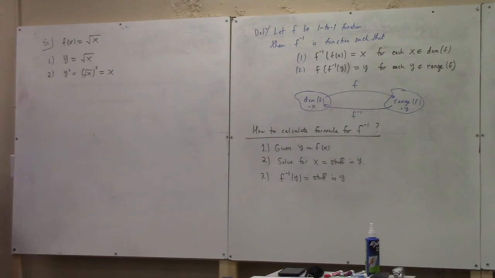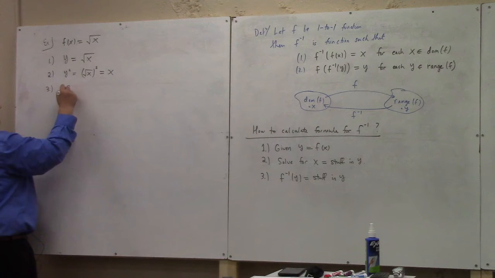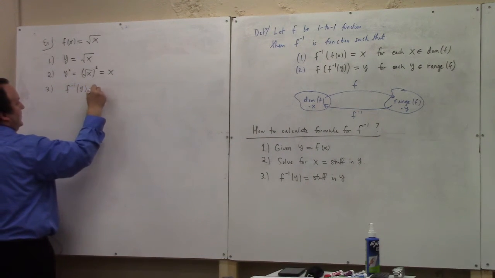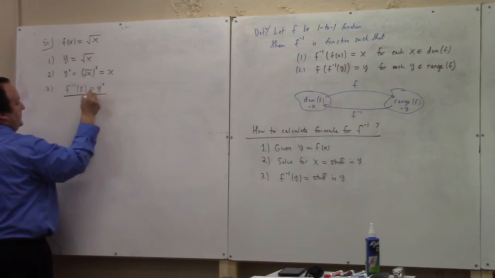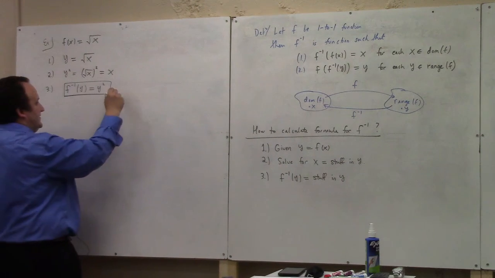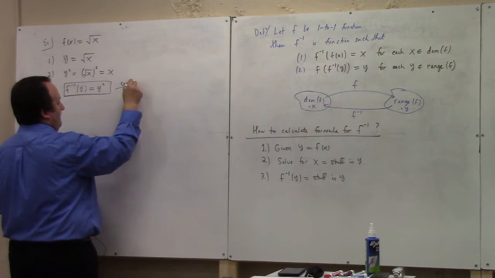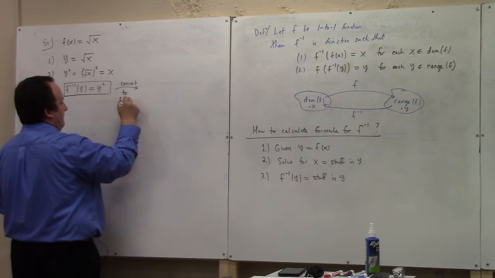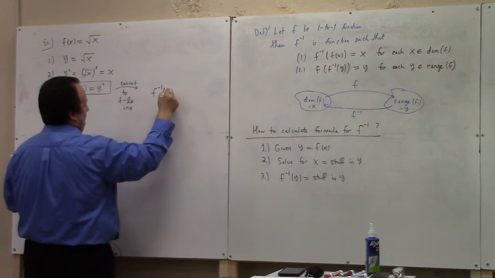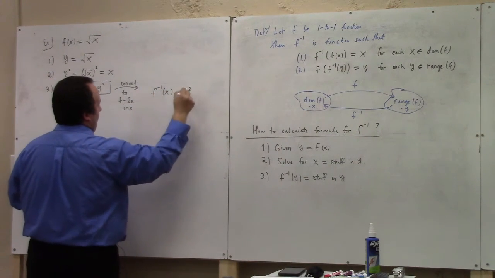So my x equals my stuff in y is just y squared here. So three, f inverse of y is equal to what? y squared. There you go. There's the formula for the inverse. Of course, if you want to convert to a formula in x, it's easy enough to do. f inverse of x is what? x squared.